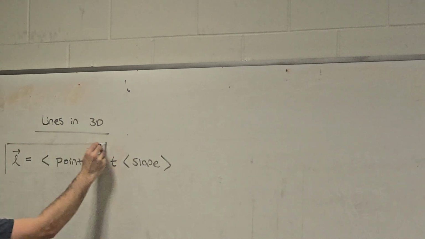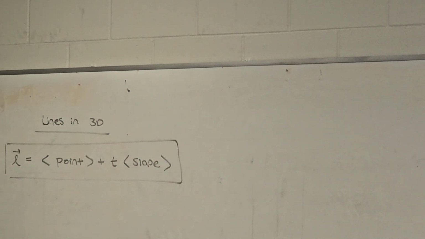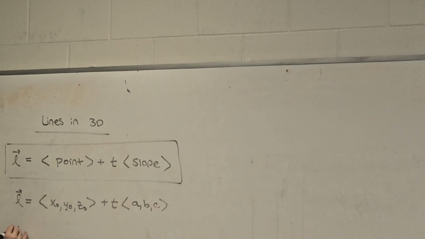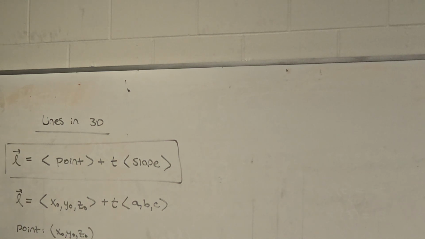So in 3D, this is our general form of a line. So this is definitely our formal way that we want to be able to define a line.